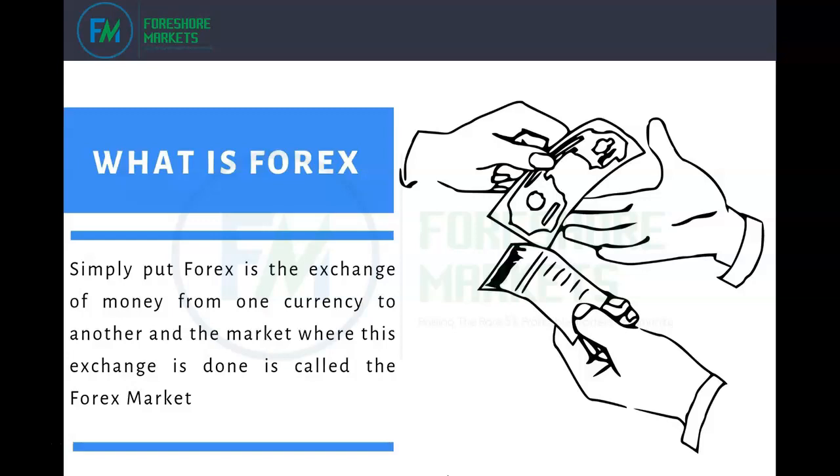So what is Forex? Looking at my slide now. Simply put, Forex is the exchange of money from one currency to another. It's as simple as that. Exchange the dollar to the euro, the dollar to the Japanese yen, the Naira to the dollar. Like we said earlier, the market where this exchange is done is called the Forex market.